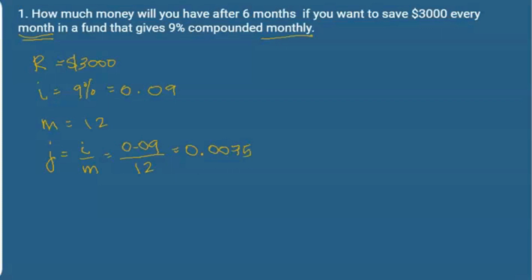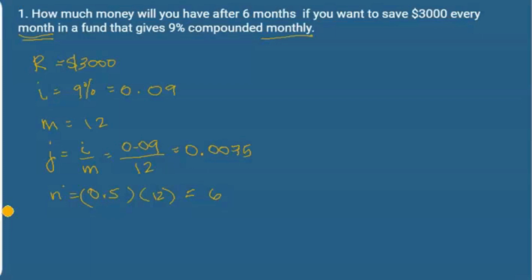And our n is 6 months, so that's half a year over 12 months, that is equal to 6. So the n should always be in the number of payments.